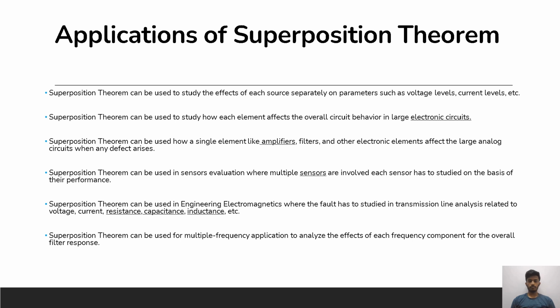It can be used to see how a single element like amplifiers, filters and other electronic elements affect large analog circuits when any defect arises. It can be used in sensor evaluation where multiple sensors are involved. Each sensor has to be studied on the basis of its performance.